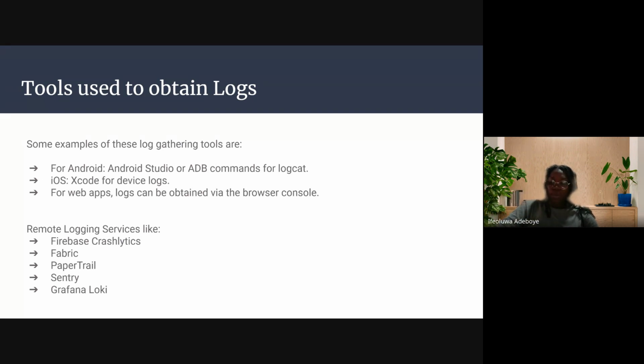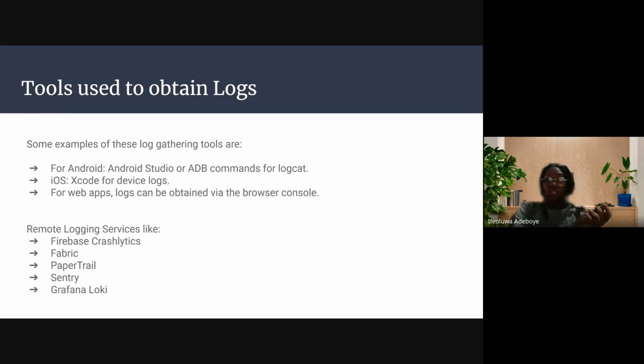But you have to enable some developer settings on your test device as well. Then connect it to your laptop and open the app you want on your laptop. For example, you open Android Studio for Android and you will see all of the logs that are occurring while you're using the app. And you just copy the particular logs that you need, paste them in a document, and send it to developers.